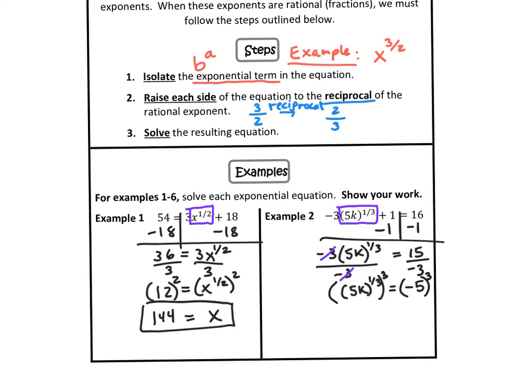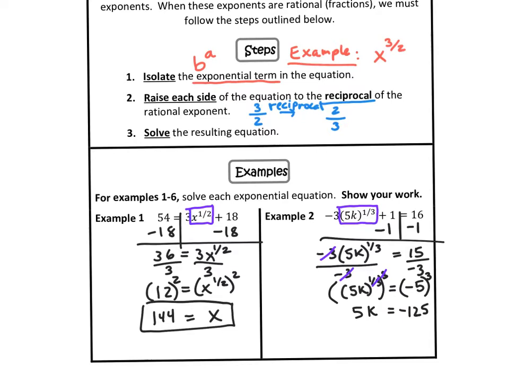So we're going to raise both sides to the power of 3. This is going to reduce to 1. So I end up with 5k. Oh, sorry, 5k, not x. 5k equals, what's -5 to the 3rd power? What's -5 times -5 times -5? -125.